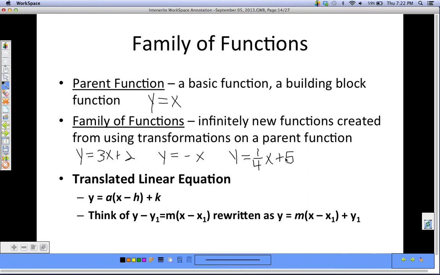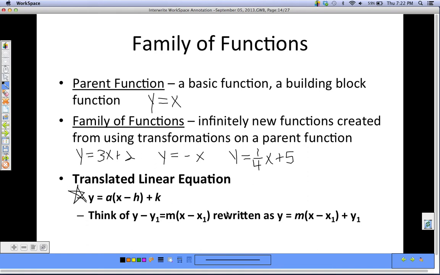So, remember I said there's a very important equation we're talking about? Well, here it is: y equals a times (x minus h) plus k. This is very important. It will only change based on the different function that we are talking about, but a, x, h, and k will all remain the same.